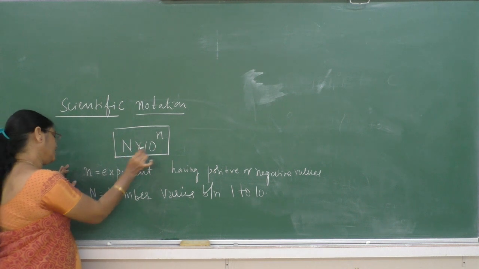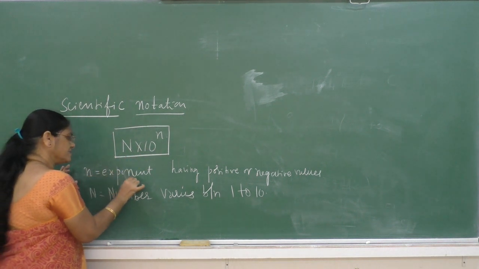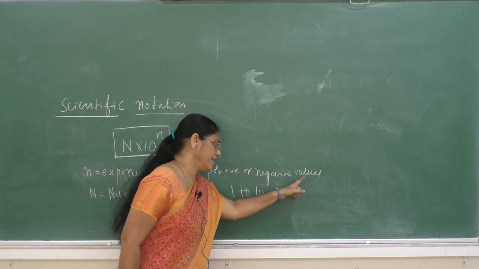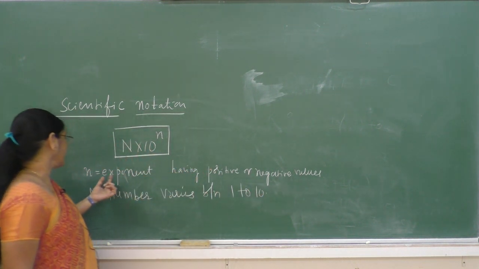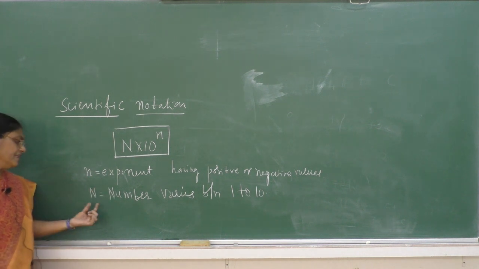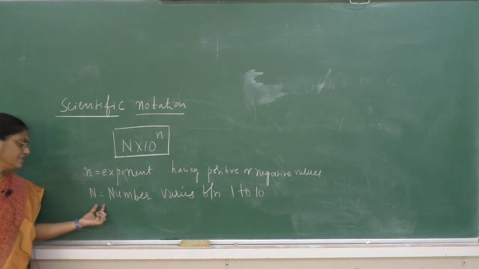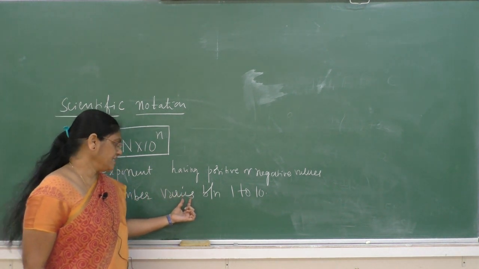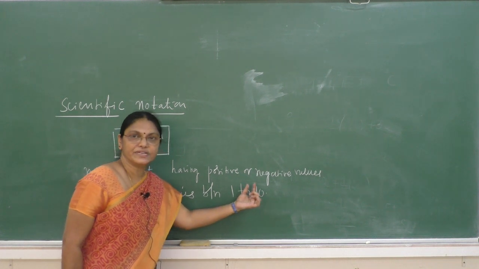Here n is the exponent having positive or negative values, represented by the small letter n, and capital N represents the number, whose value varies between 1 to 10.